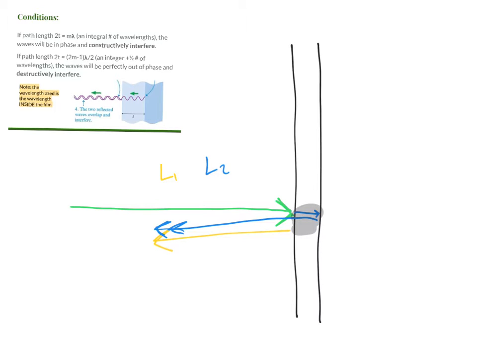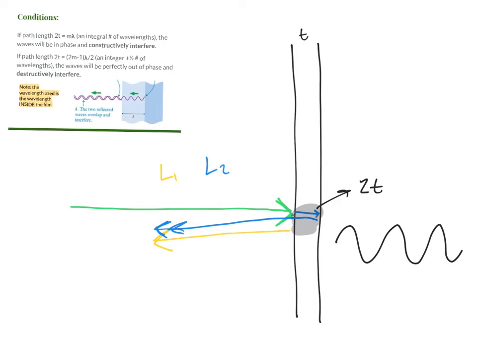Now, if the mirror has a certain thickness, T, that extra distance is 2 times T. So the yellow wave is going to go 2T less than the blue wave, or the blue wave is going to go 2 times the thickness more than the yellow wave. And while it's traveling that distance, it's going to be oscillating back and forth a certain number of times based on its frequency and its wavelength, which we could calculate in the material if we knew its index of refraction.